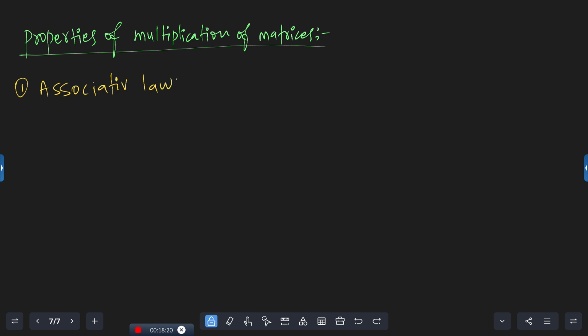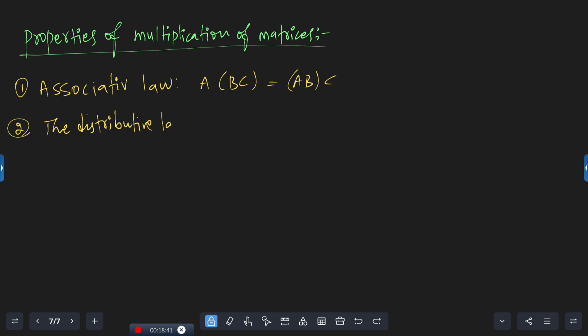The associative law is true. It means the product of BC, later you multiply with A, or the product of AB, later you multiply with the C matrix. Here this will be true. And the second one, the distributive law. Sometimes they will ask distributive law in a 3-mark question also.